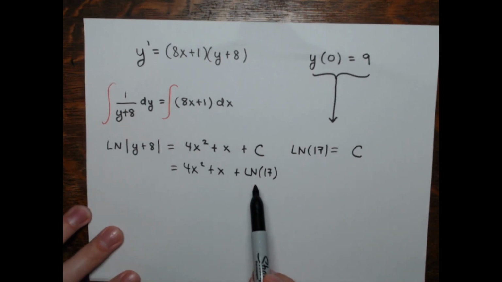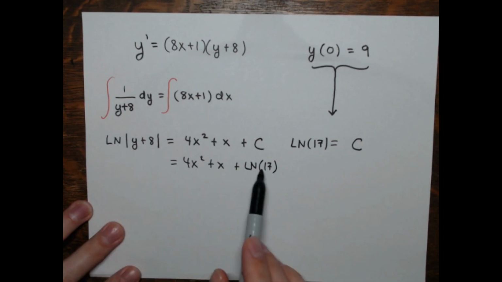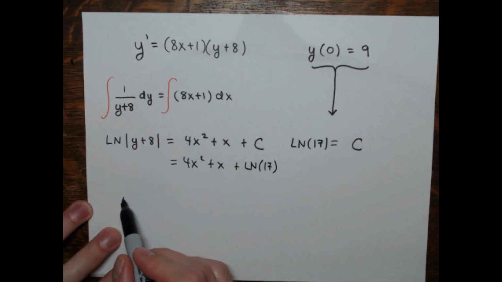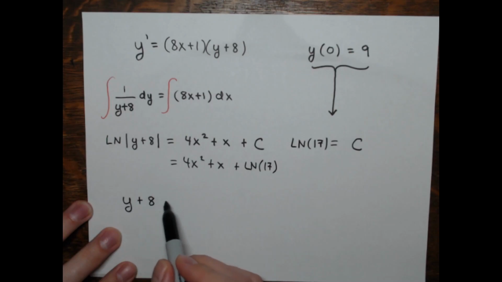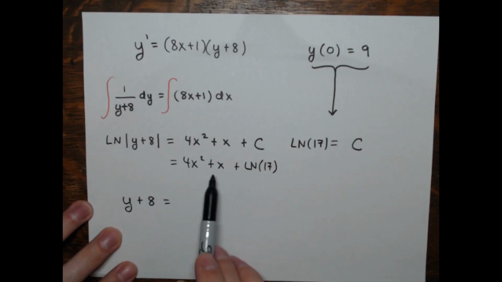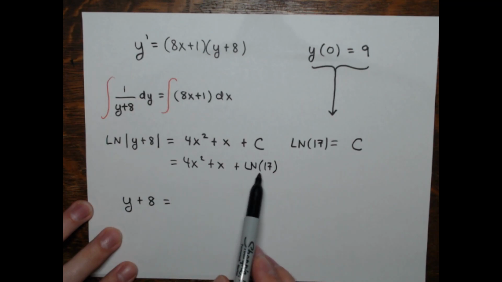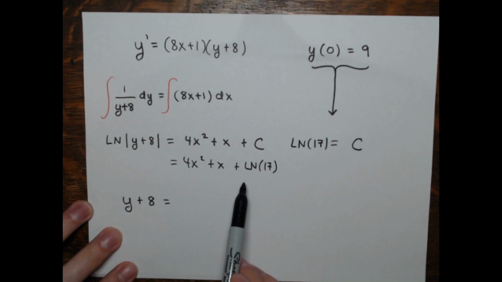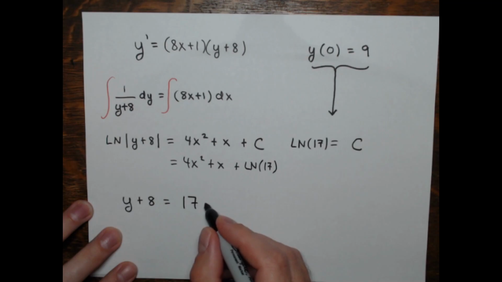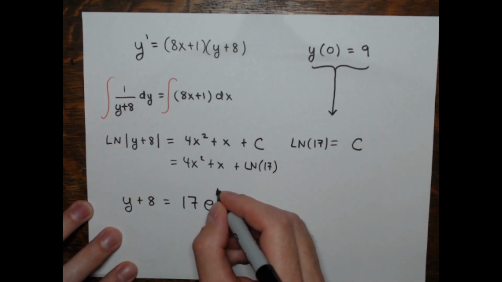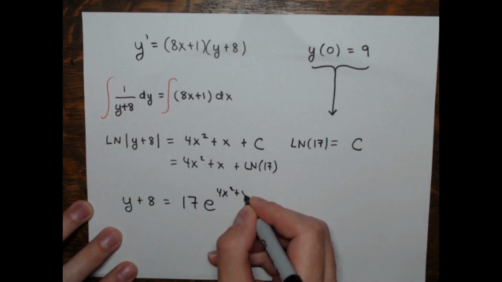And now if I'm going to solve for y here, exponentiate both sides, we'd have y plus 8 equals e to this power. Remember, that'd be e to the 4x squared plus x times e to the log of 17. The e to the natural log of 17 is just 17. So I'd have 17 times e to the 4x squared plus x power.